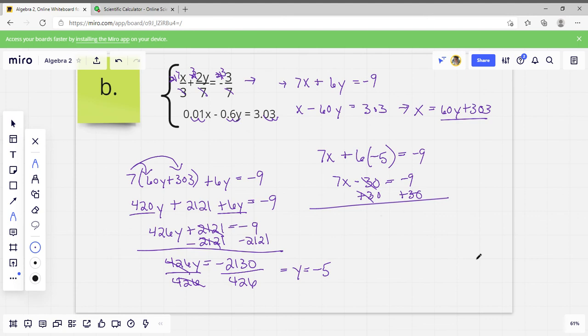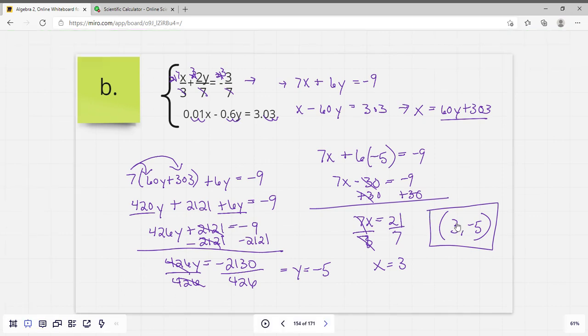Okay, and that would be 7x equals 21, divide by 7, and I get x equals 3. So my answer should be 3, negative 5. Here's the answer to that one.